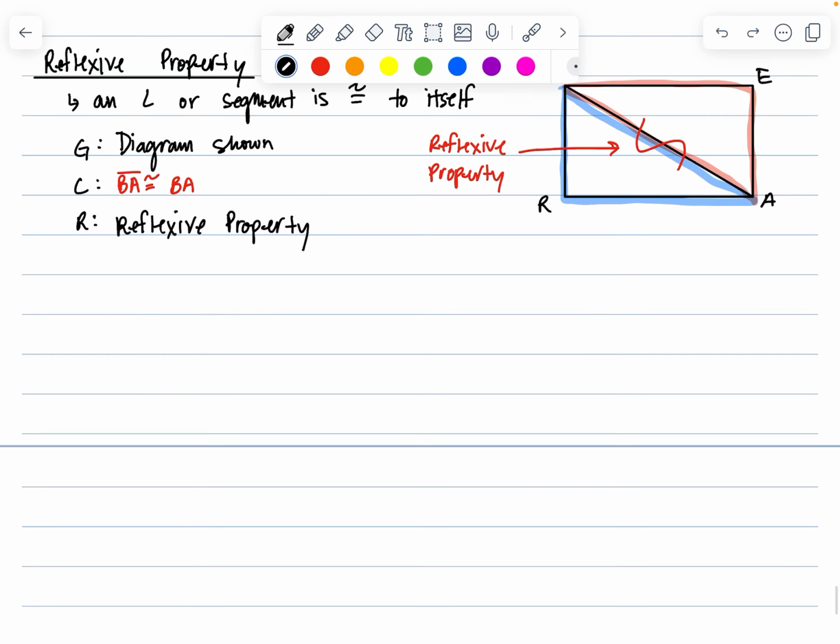Now, the other one I want you to be able to visualize is when you have congruent angles. This one's a little bit harder to see. So notice here we have one triangle. And then I'm going to draw another segment from the bottom right corner, and we just created another.